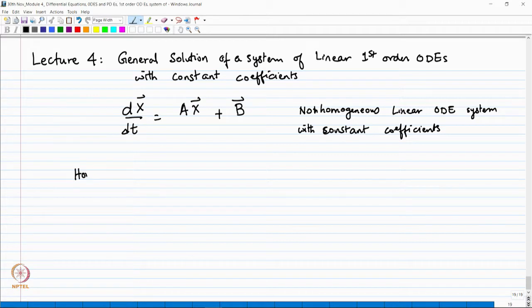So, the homogeneous case, you have dx by dt is equal to Ax.